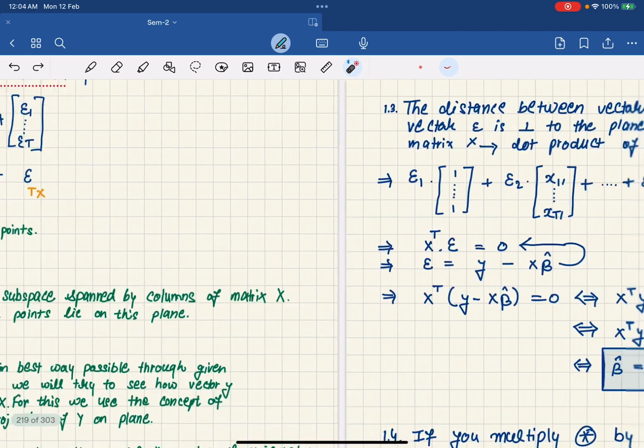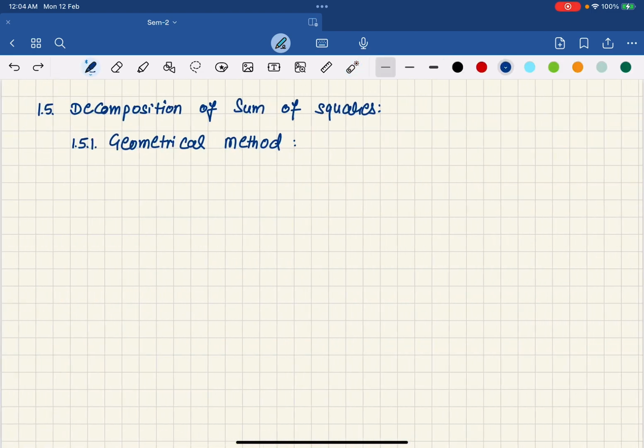So if we use the Pythagoras theorem in our picture, then we will get y transpose y, which is equivalent to y squared, is equal to the square of X b hat plus the square of the error term vector, using the Pythagoras theorem.